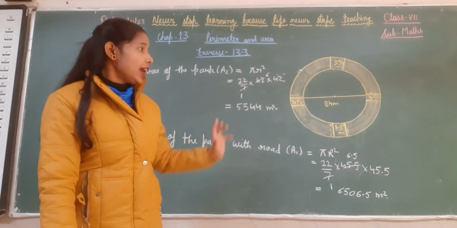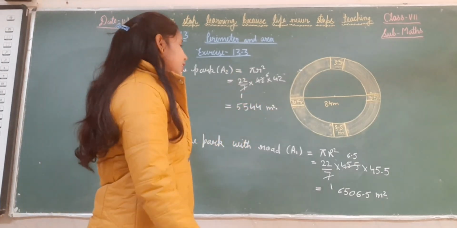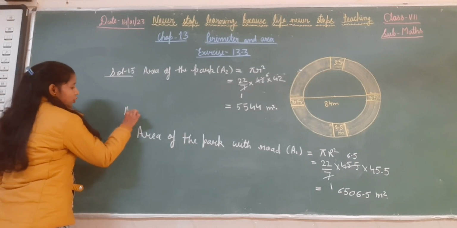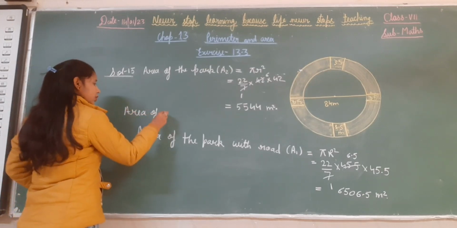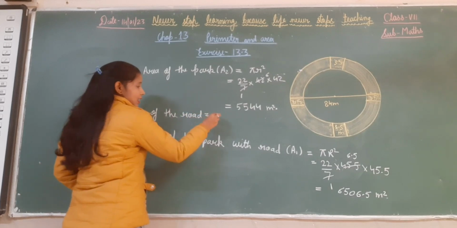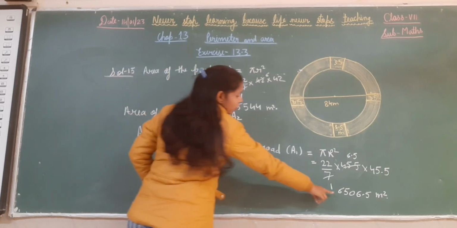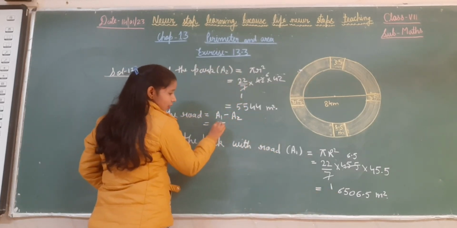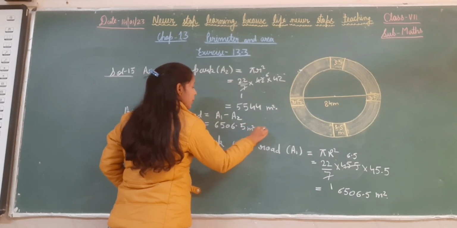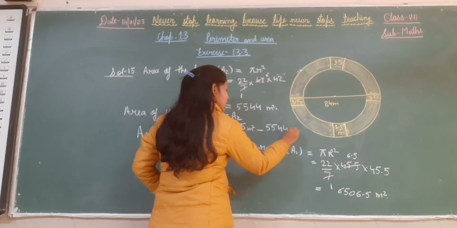Now we have to find the area of the road only, right? Area of the shaded portion. So we will write here the area of the road. Area of the road is equal to A1 minus A2, right? So A1 is 6,506.5 meter square minus A2, which is 5,544 meter square.